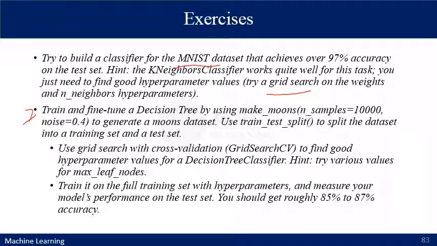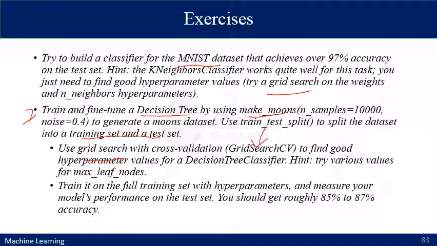For the second task, you should train and fine-tune a decision tree using the make moons dataset with 10,000 samples and a noise of 0.4 to generate the moons dataset. Then use the train test split method to split the dataset into the training set and the test set. Again, use grid search with cross validation, GridSearchCV, to find good parameter values for the decision tree classifier.